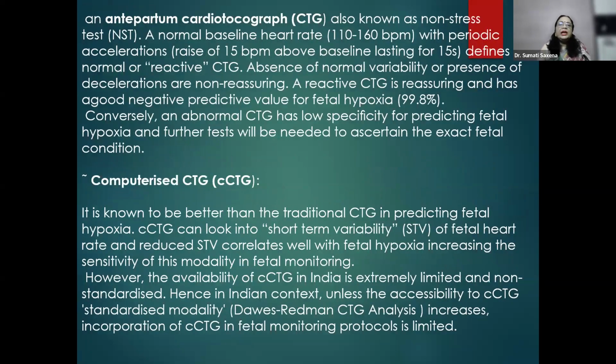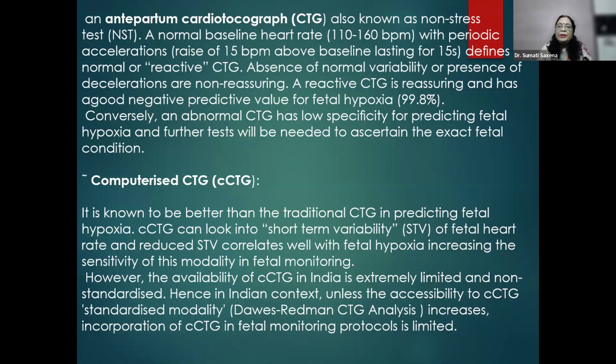Then comes the antepartum CTG, that is cardiotocography, also known as the non-stress test. In it, a normal baseline heart rate is 110 to 160 beats per minute, with periodic accelerations, which means an acceleration of 15 beats per minute above the baseline lasting for 15 seconds.